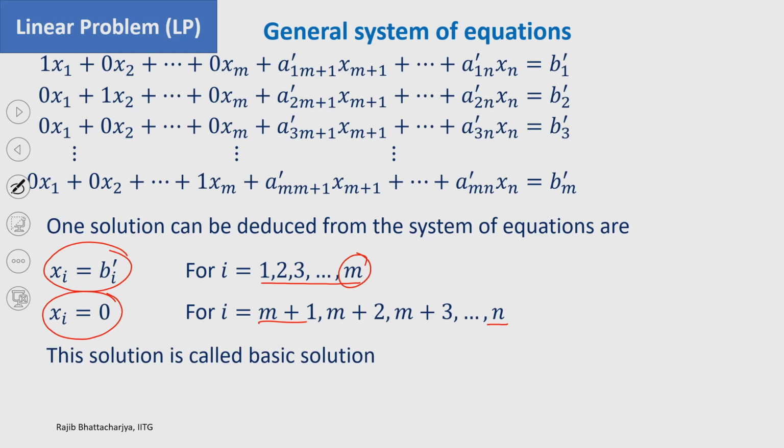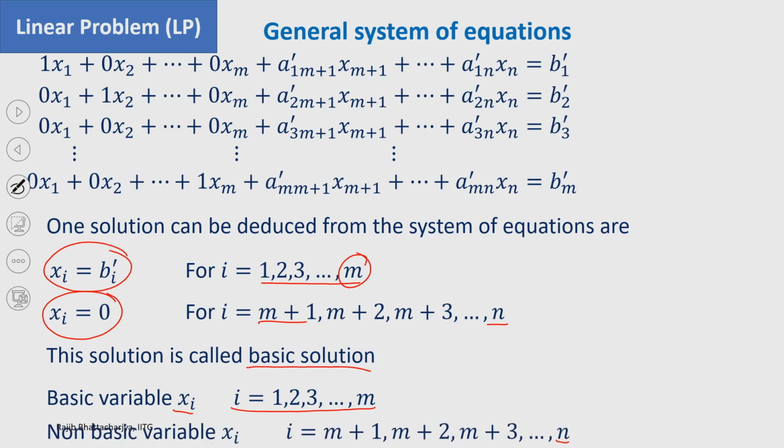Optimization is basically finding the best solution out of these combinations. This solution is called a basic solution. The basic variables are x i for i equal to 1 to m, and the non basic variables are for i equal to m plus 1 to n.